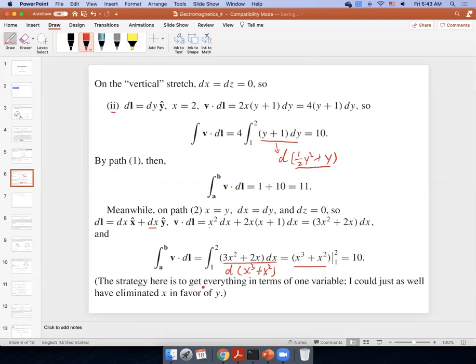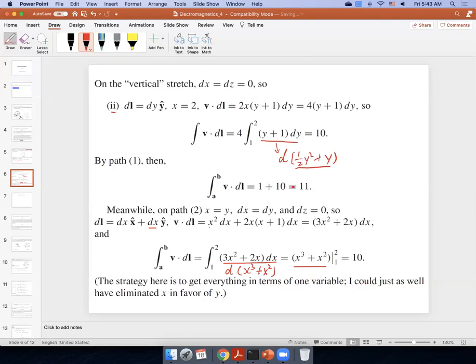So the strategy here is using just one variable. For example, because x equals y, you convert y to x, and also substitute dy to dx. Then you get only one variable. You can transform a two-dimensional integral into a one-dimensional integral.